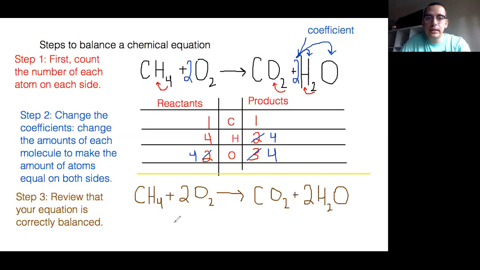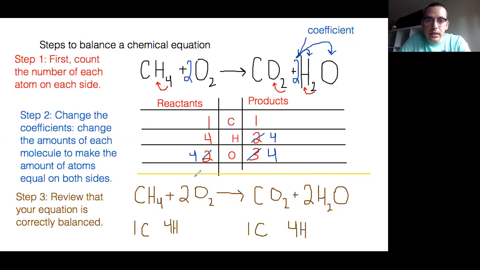So let's see. Carbons on the left side, we've got 1 carbon. On the right side, 1 carbon. Now, hydrogens on the left side, the reactant side, we've got 4 hydrogens. And then on the right side, we've got 1, 2, 3, 4, because it is multiplied. 4 hydrogens.